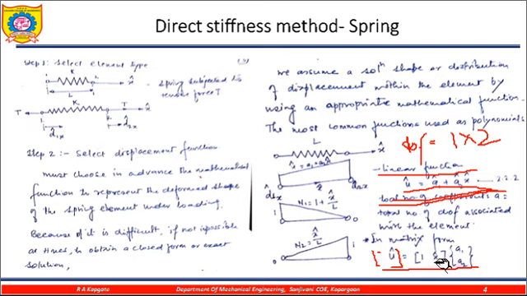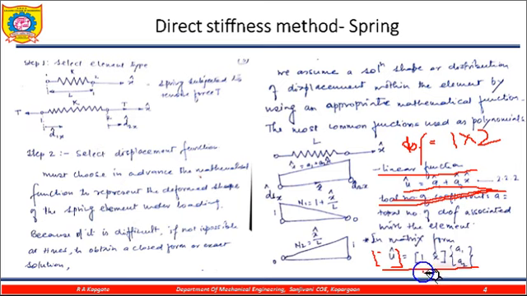This 1 x is a row matrix, and a1 a2 is a column matrix, so we can very easily manipulate this.